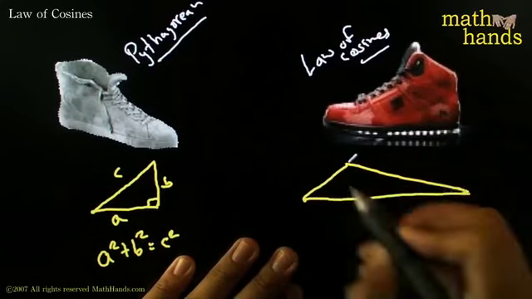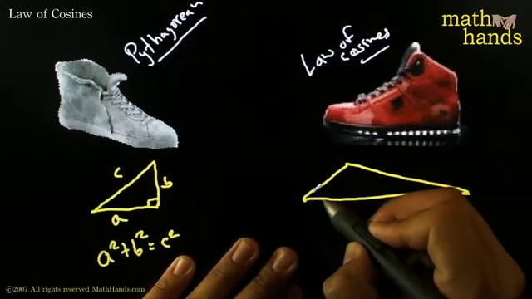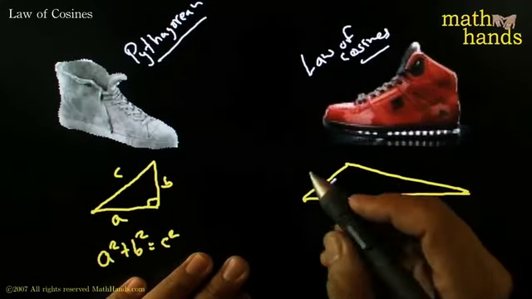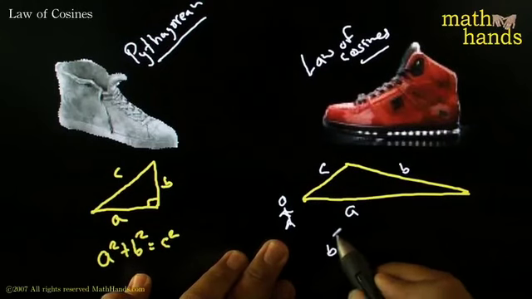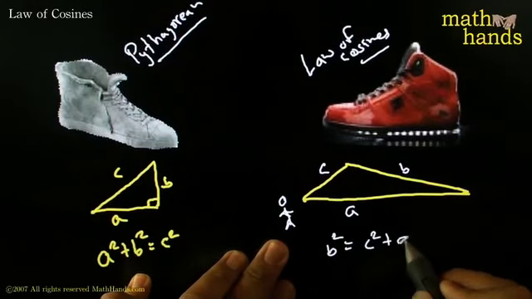This one says, look, if I'm standing here, on this side right here, and I call these sides A, B, C, then the law of cosines would say B squared is equal to C squared plus A squared.